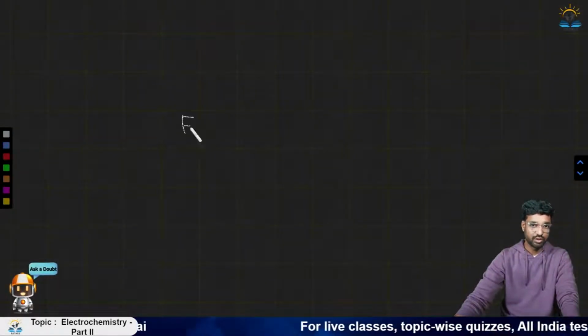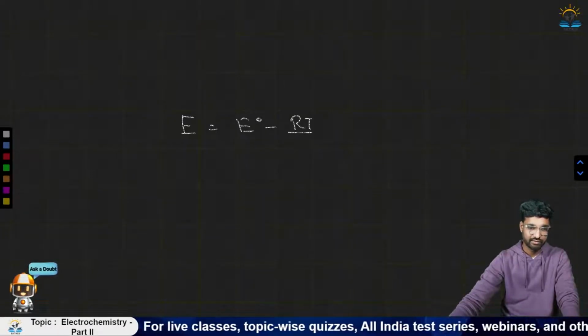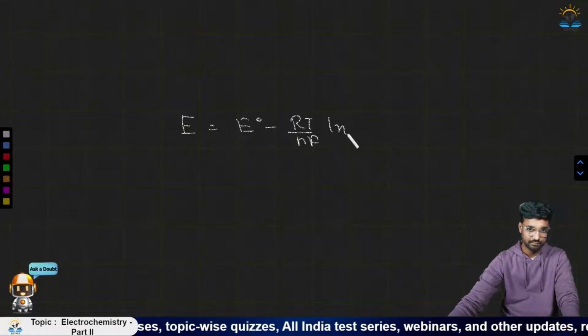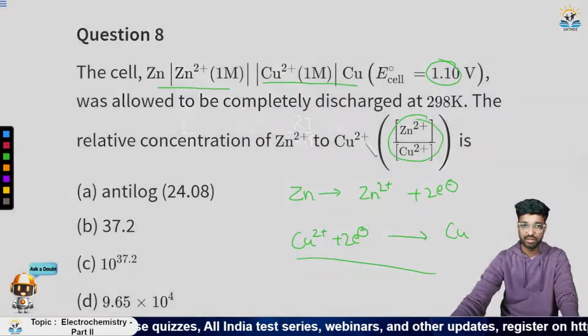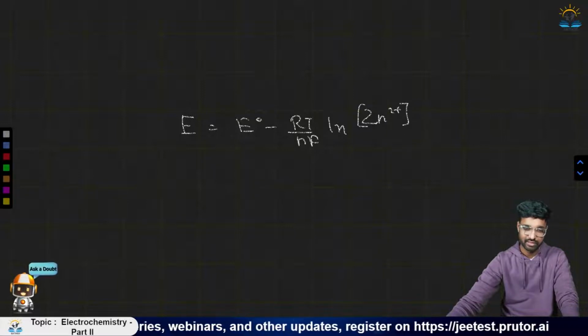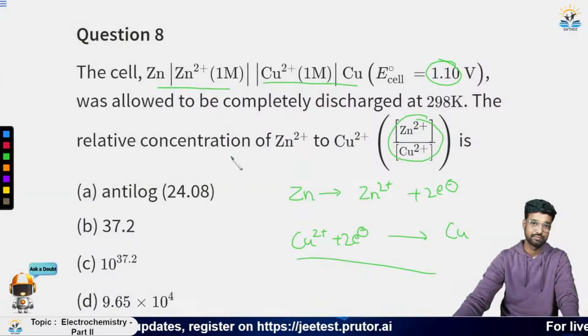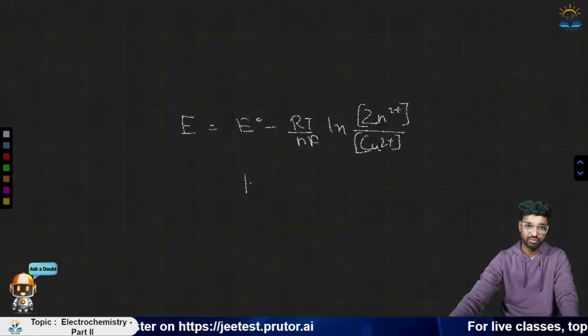So if you write the whole equation, it will be E cell equals E naught cell minus RT by nF ln of the product, that is Zn2+ by Cu2+. Now E naught cell value is given, that is 1.10.